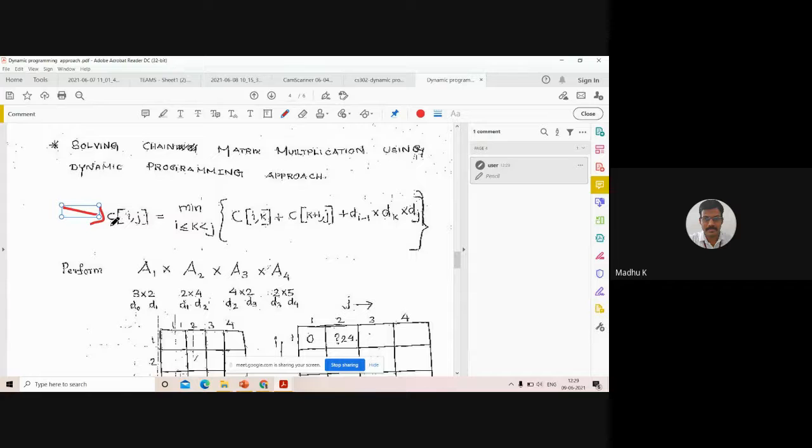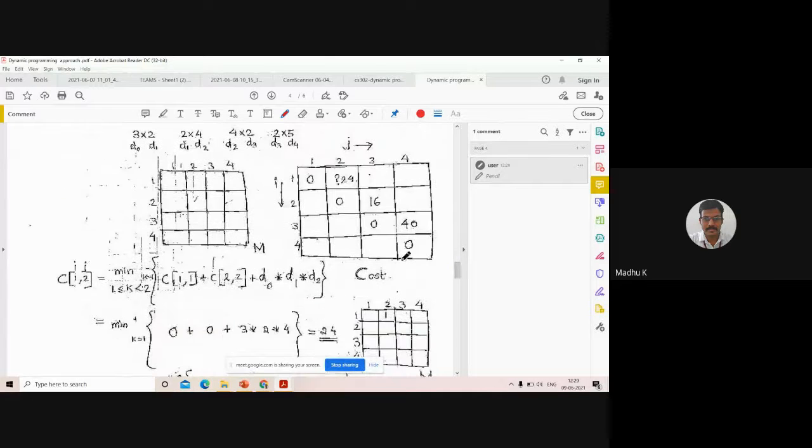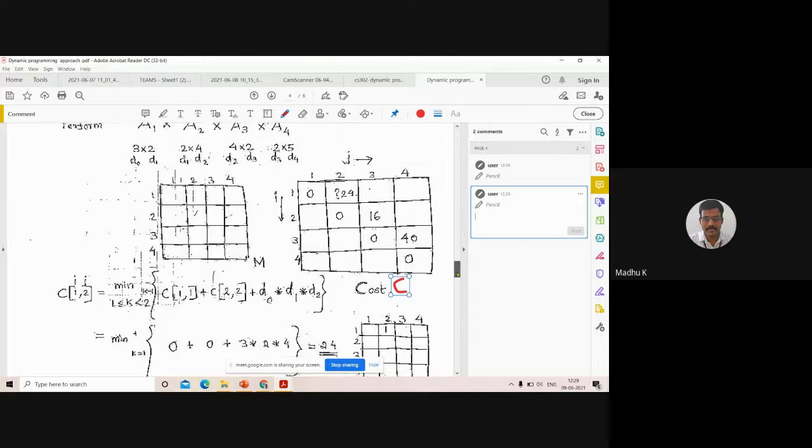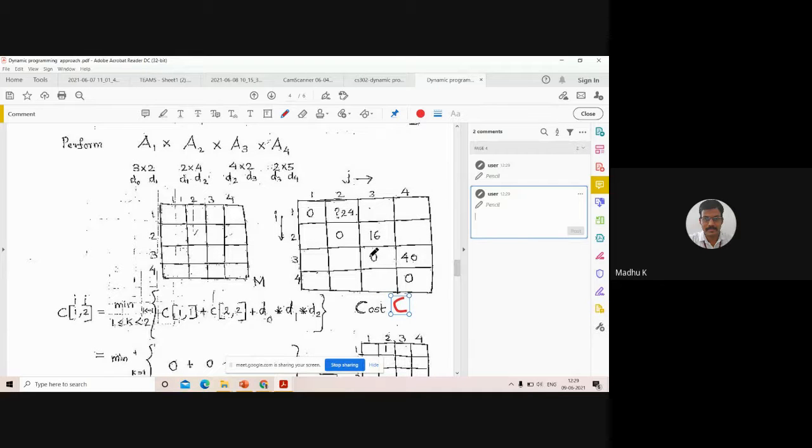C means cost. We will use a data structure C, and initially this matrix stores the cost.